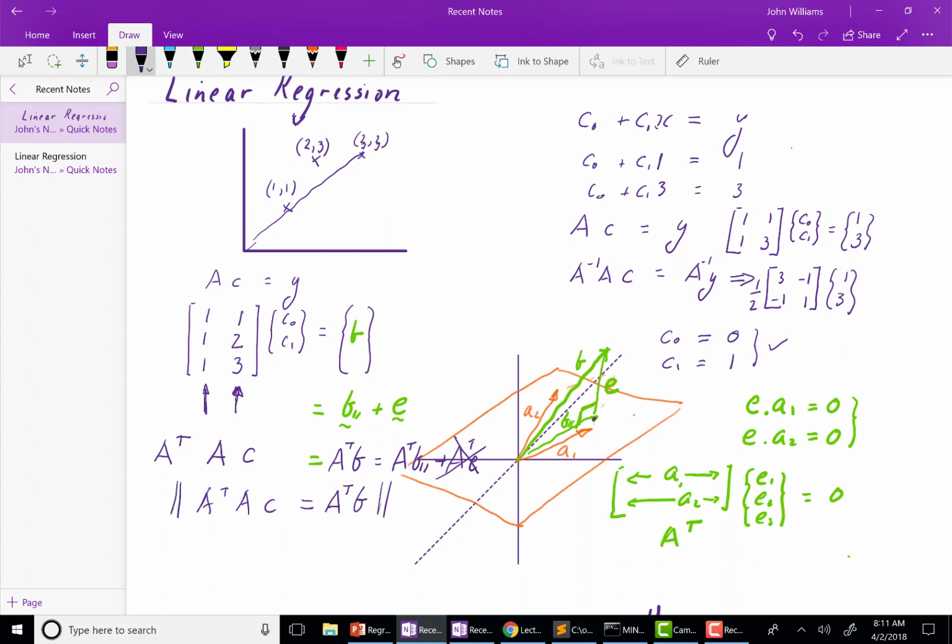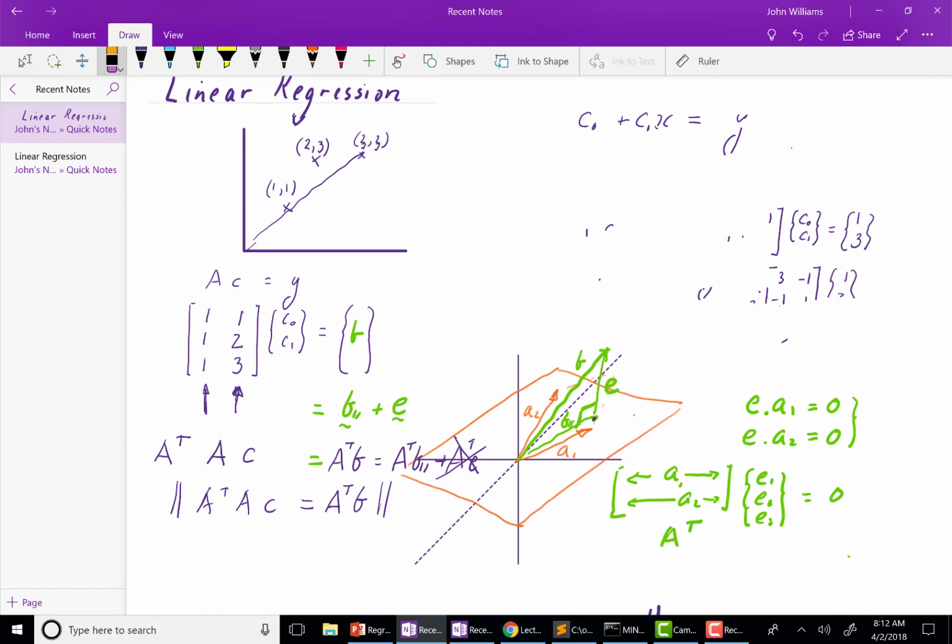Okay, so let me clear some space here. And we'll see how this evolves. Now I want to do this not just for the particular points I've chosen here, but let me write this in general.